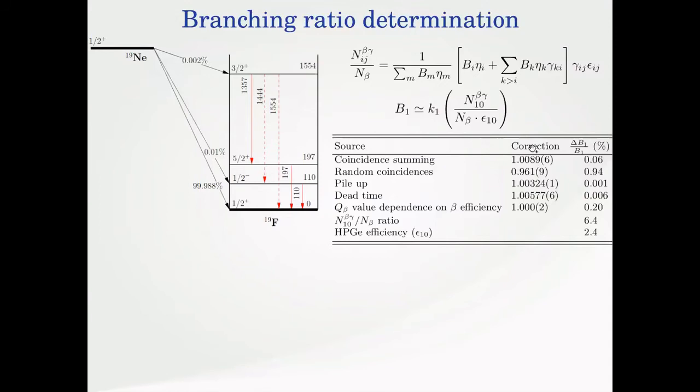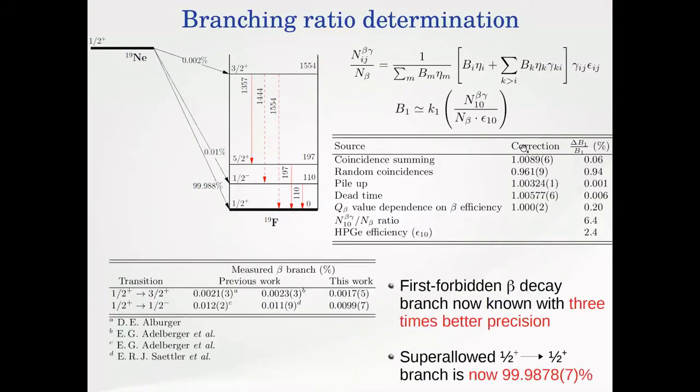Once you factor that in, you get a precise branching ratio measurement for these excited states. Then you do 100 minus that, and you get a branching ratio measurement to the ground state. Okay, so just a quick comparison here. This is what was before.